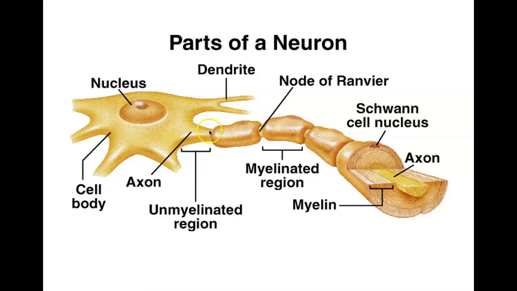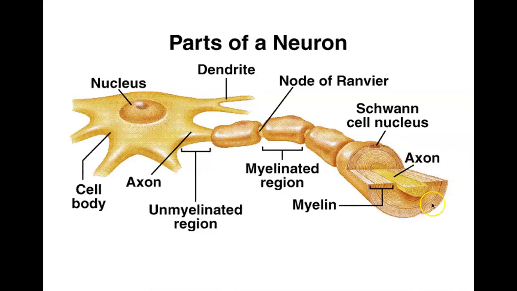You can tell it's an axon because it's really long compared to the dendrites, and it's going to have these myelinated regions. So these regions where these cells, called Schwann cells, or oligodendrocytes if you're in the peripheral nervous system, are going to wrap around the axon. And these are cells that are full of a fatty tissue, okay?